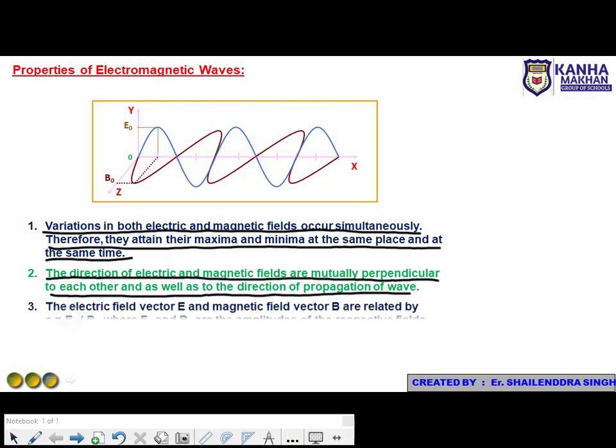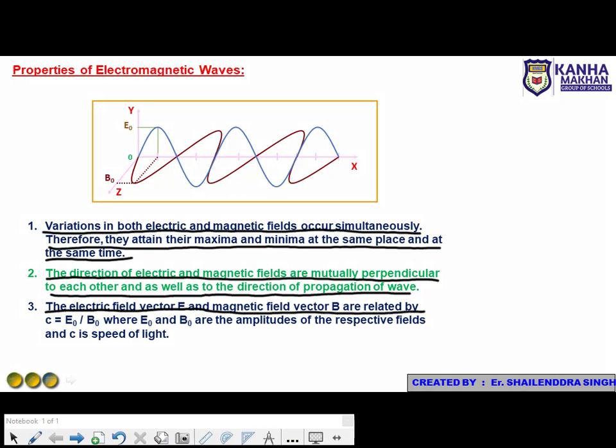Third property: the electric field vector E and magnetic field vector B are related by the formula c equals E naught by B naught, where E naught and B naught are the amplitudes of the respective fields and c is the speed of light.